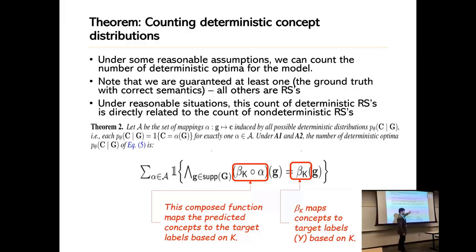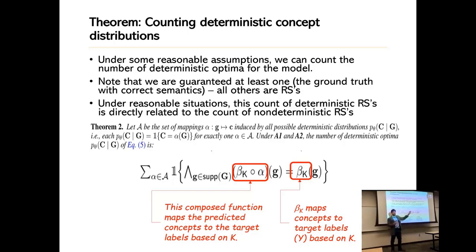The general idea is you're going to only have one good solution with the semantics of I, and you have a whole bunch of other functions where you have a different alpha that's incorrect. Now, one thing to note is this may sound really difficult because you only have one alpha that's going to be right.